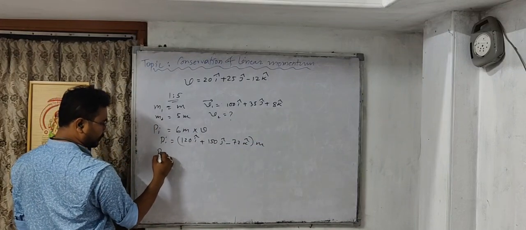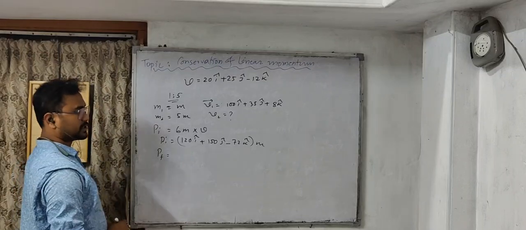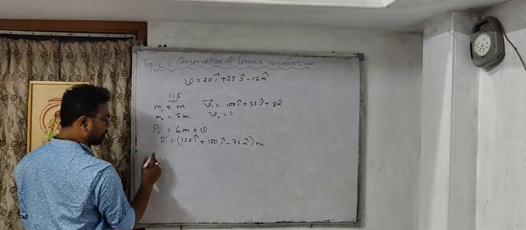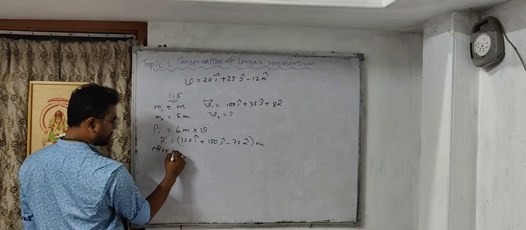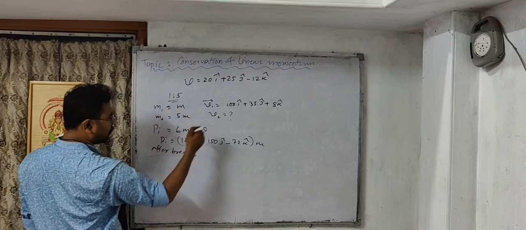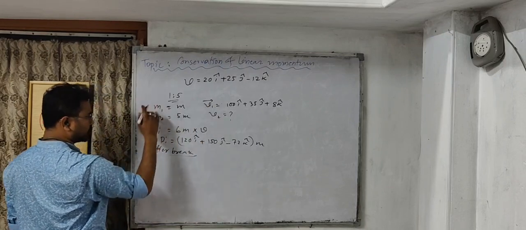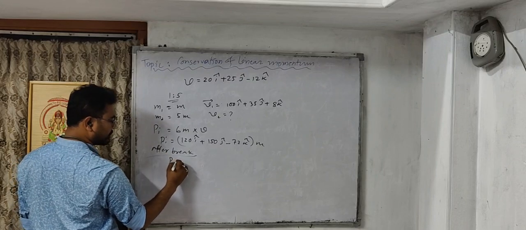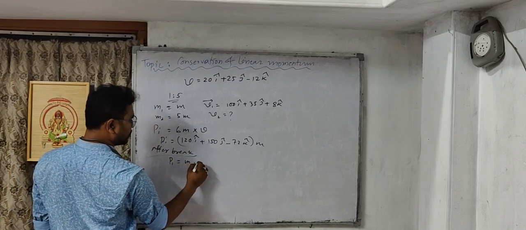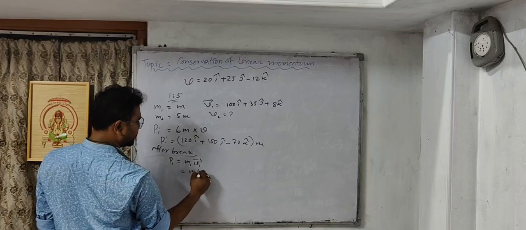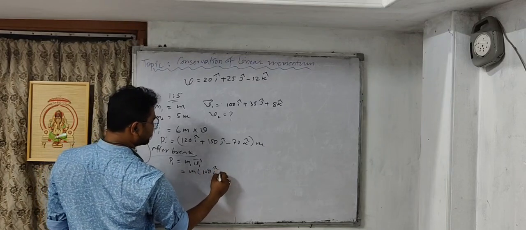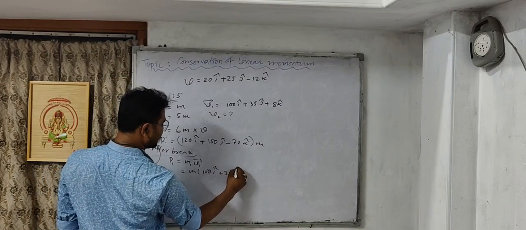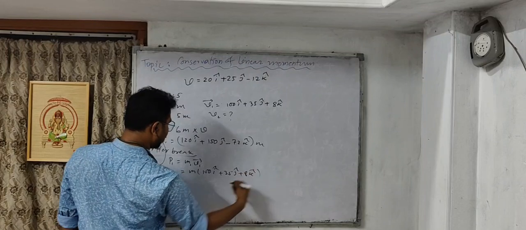Now what will be the final momentum? After breaking, what is the momentum of the m1 object? Let's find out. p1 is equal to m1 v1, so that is m into 100i plus 35j plus 8k, correct?